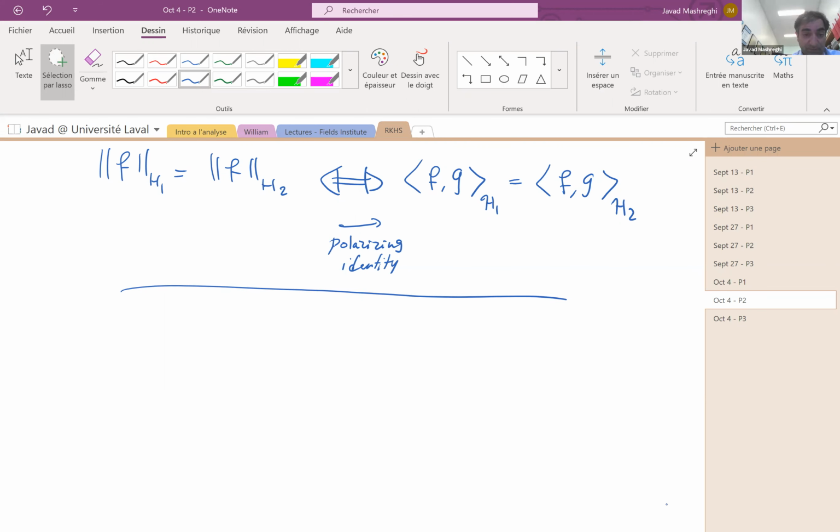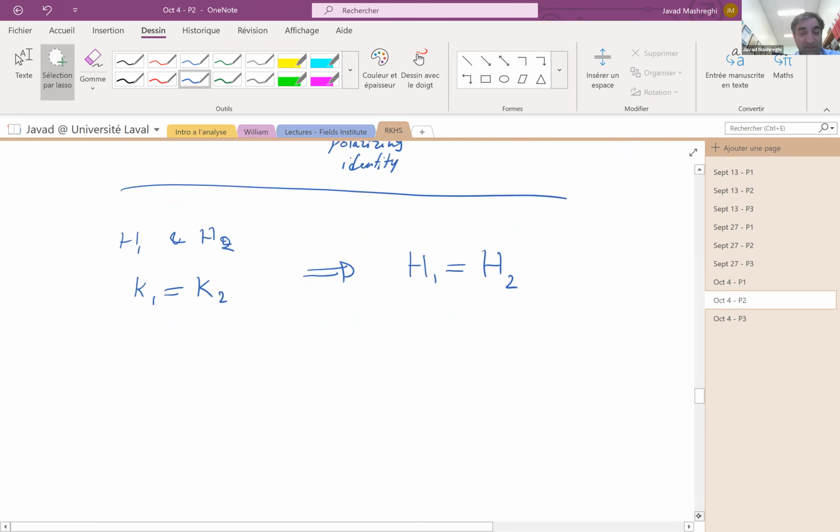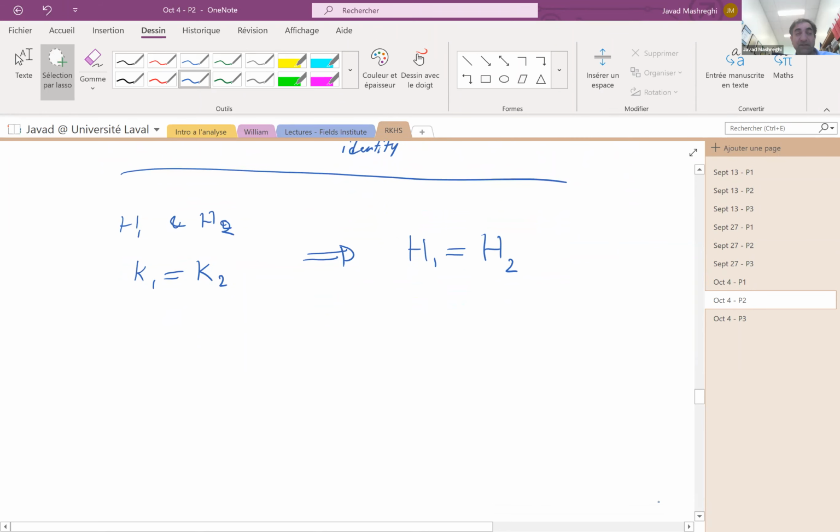Up to now, this is my comment. I say that if we have H1 and H2 and K1 is equal to K2, we conclude that H1 is equal to H2. So the function spaces are given. If the kernels coincide, the spaces coincide too. That's the easy half.